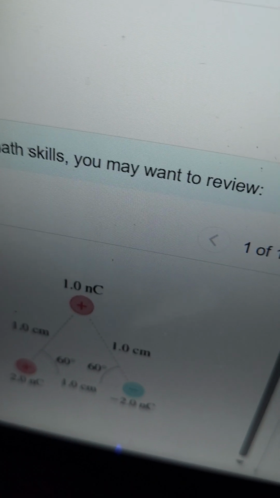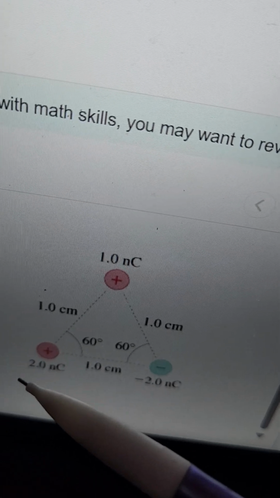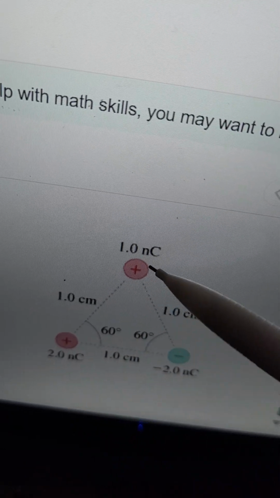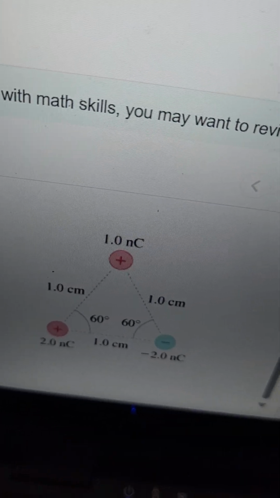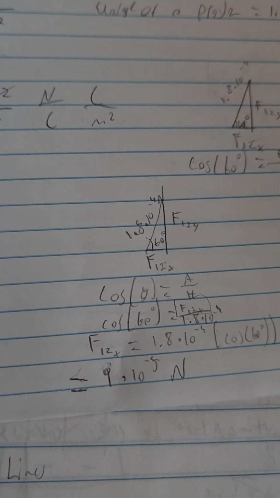But because we know the forces are going to be the same, because again they're both the same distance away from particle 2 and have the same net charge, it also means the forces in the x direction are going to be the same as well.